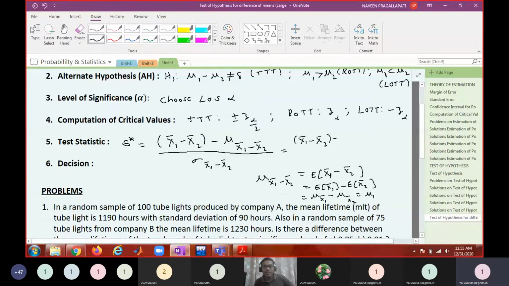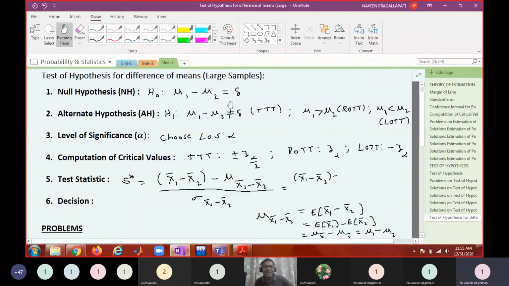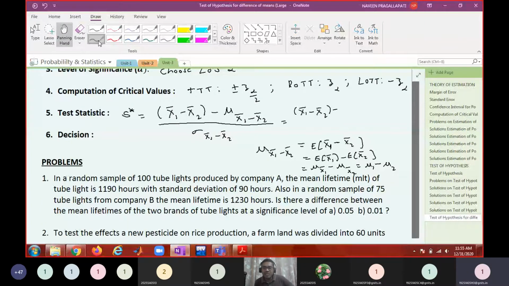Yes, sir. So mu x1 bar is nothing but mu1, minus, what is mu x2 bar? Mu2. But what is mu1 minus mu2? Under H1, mu1 minus mu2 is nothing but delta. Can you see that? So this whole thing is nothing but delta. So the mean of the sampling distribution of difference of sample means is nothing but delta.